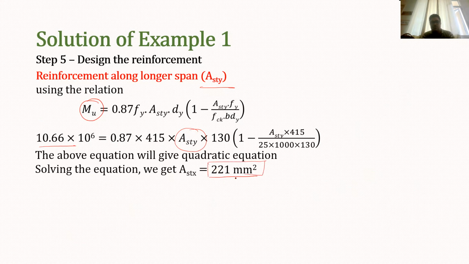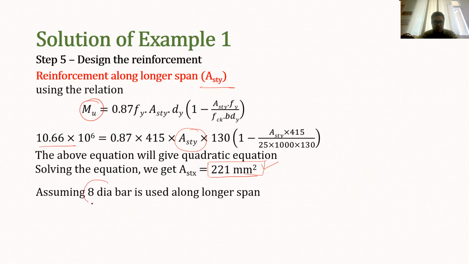Now here you can see that this area of reinforcement required for the longer span is lesser than the area of steel required for the shorter span. So therefore, what we can do is have the diameter of bar as 8 mm dia, although we assumed 10 mm dia bar in the first step.